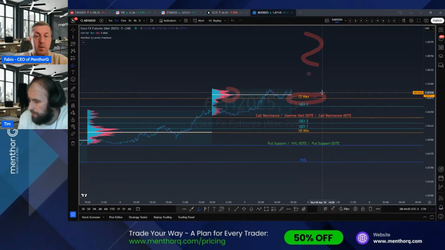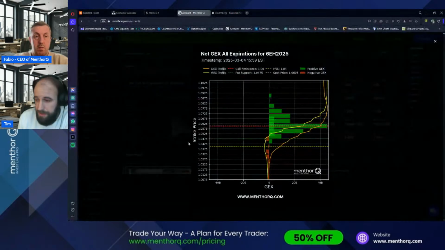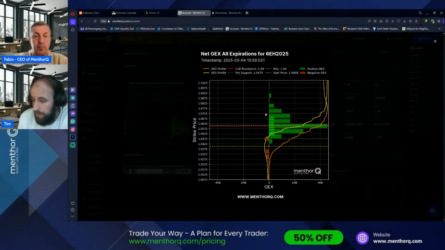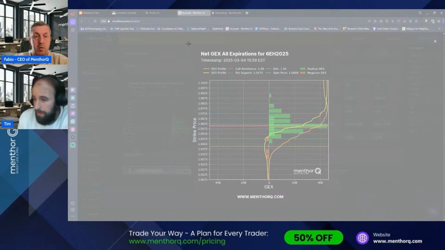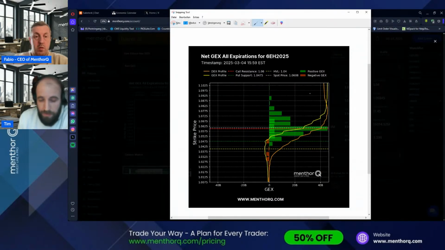We are trading at 1.07. It's roughly this area, which means this exposure here is already being traded, right? Same here, the upside is missing a little bit.